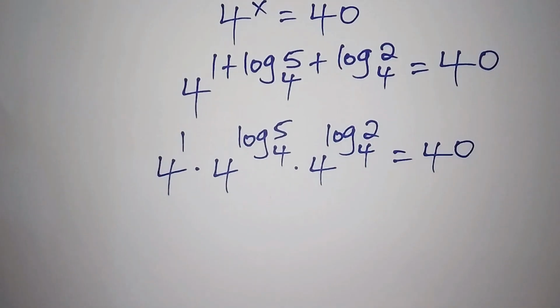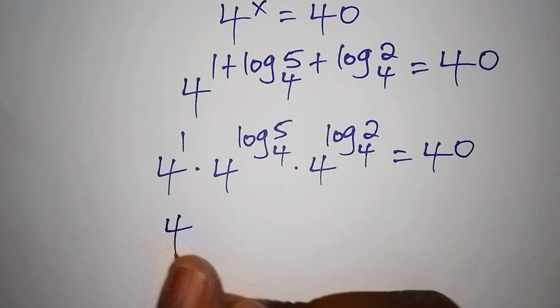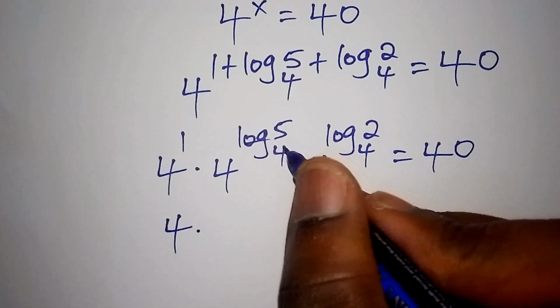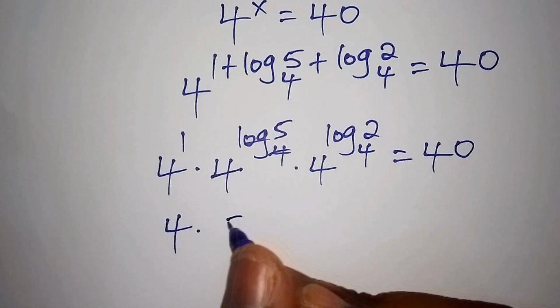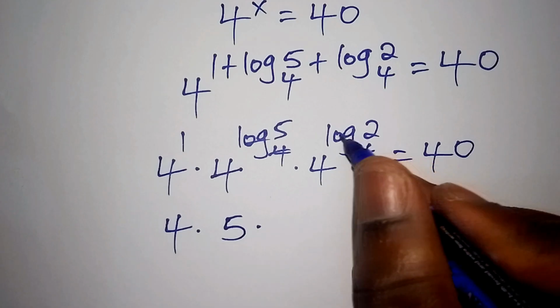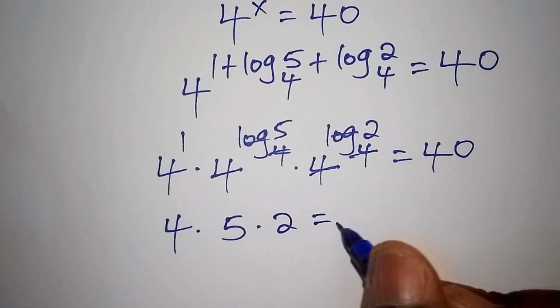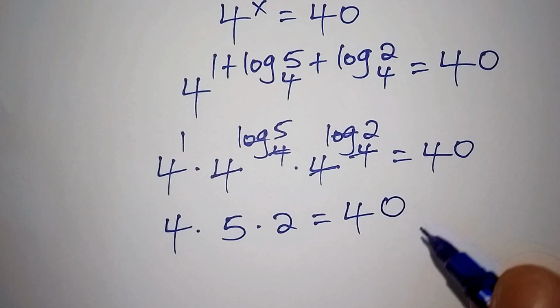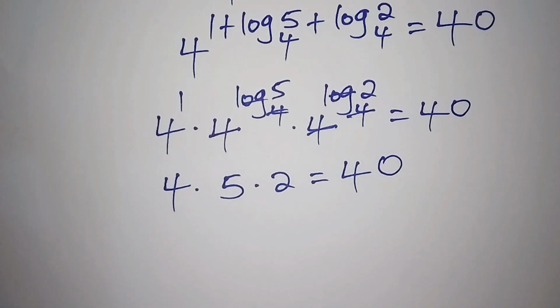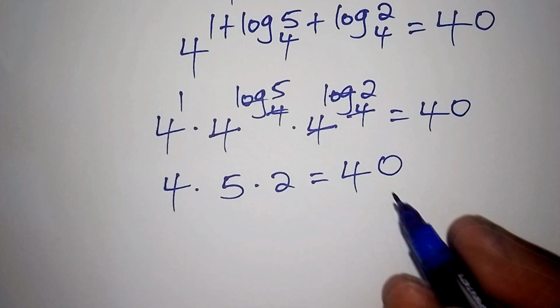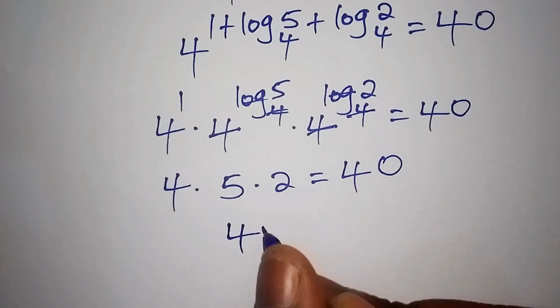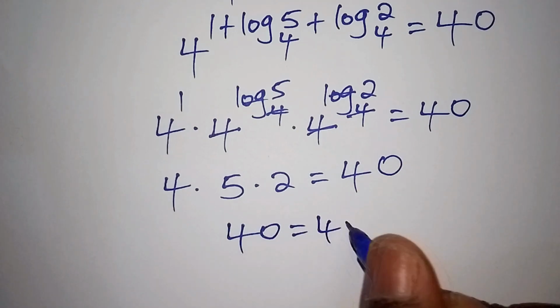So 4 to the power of 1 is 4, multiplied by the 4 to the log to the base of 4, cancel this 4. So now we shall have 5, multiplied by the 4 to the log to the base of 4, cancel this 4, by 2 is equal to 40. So next we shall have it as 4 multiplied by 5 multiplied by 2. 4 multiplied by 5 is 20. 20 multiplied by 2, that is 40, is equal to 40.